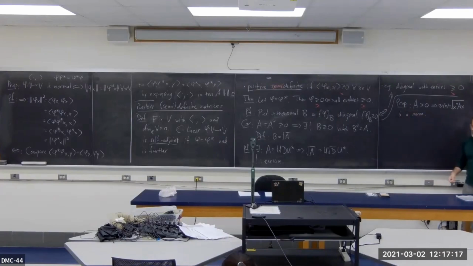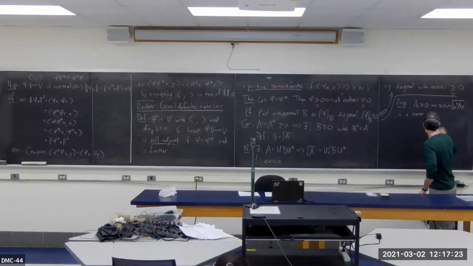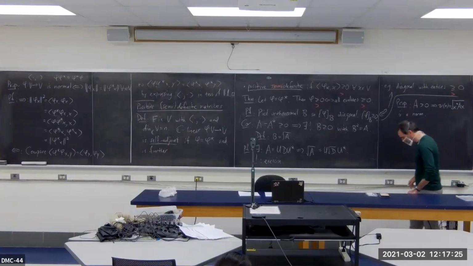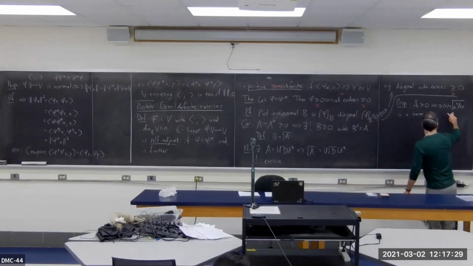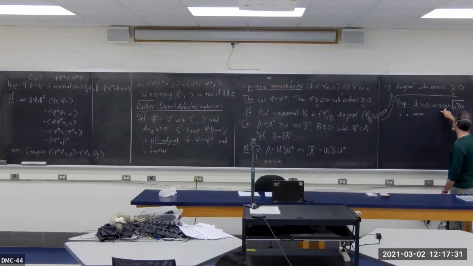Think about what happens when A is the identity matrix. What you're doing is taking just x star x in that case. Remember this is supposed to hold for all x. So if you replaced A with the conjugate of A, it wouldn't change what this norm looks like.